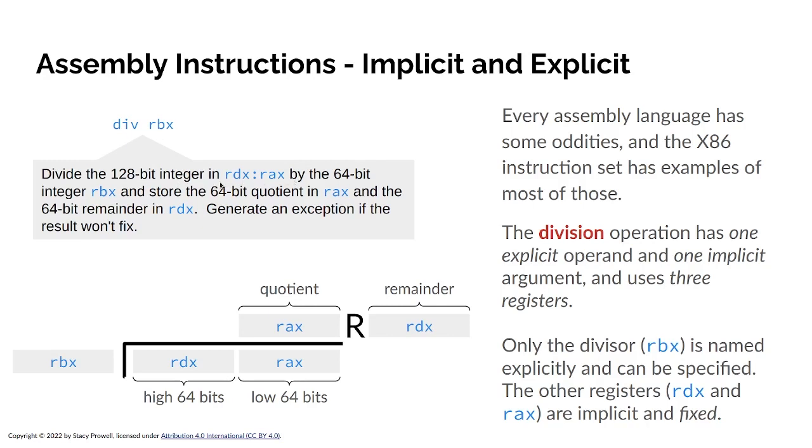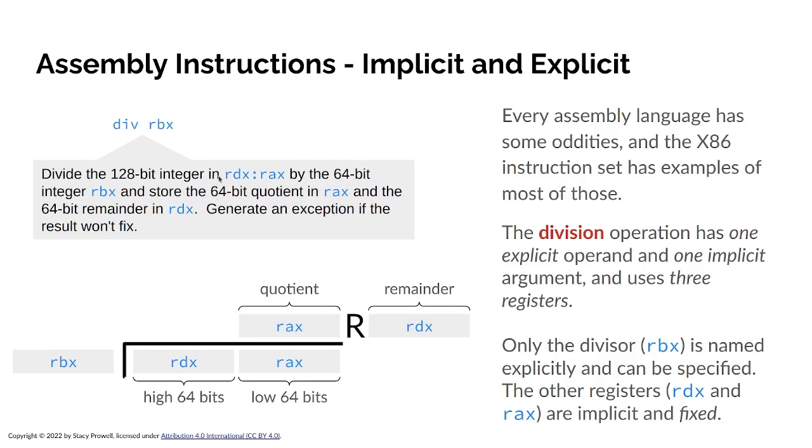High 64 bits are in RDX. The low 64 bits are in RAX. So it's 64, 64, 128 bits. Take that 128-bit number and divide it by the 64-bit number in RBX. And store the 64-bit quotient in RAX and the 64-bit remainder in RDX. And we generate an exception if the result won't fit.